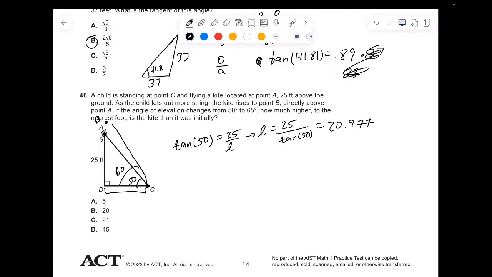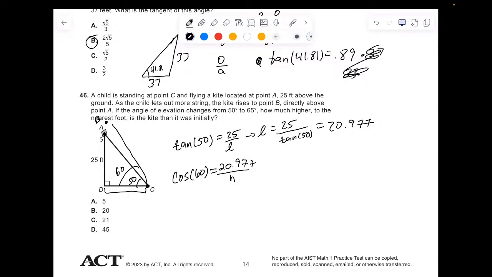Now we can do the same thing. We now know that length, so we can do adjacent over hypotenuse. So cosine of 60 is equal to adjacent over that hypotenuse.